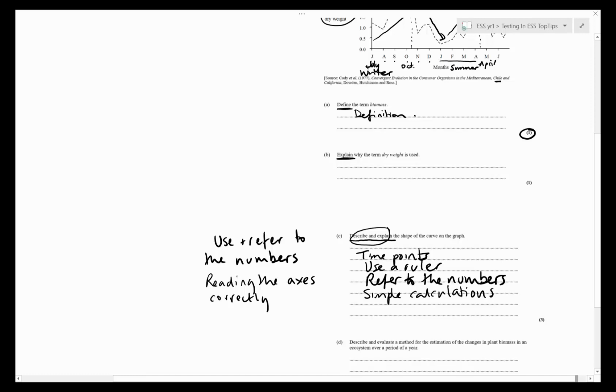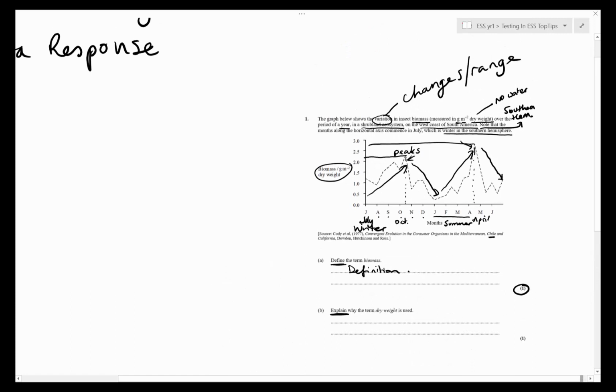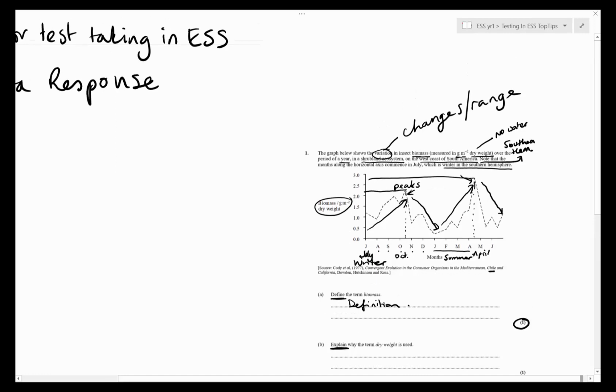Do some simple calculations. Now, in order to explain this data, okay, there's an increase in biomass, decrease, increase, decrease. There's an increase as it gets warmer, then a decrease, and an increase. So what could be the explanation for that?